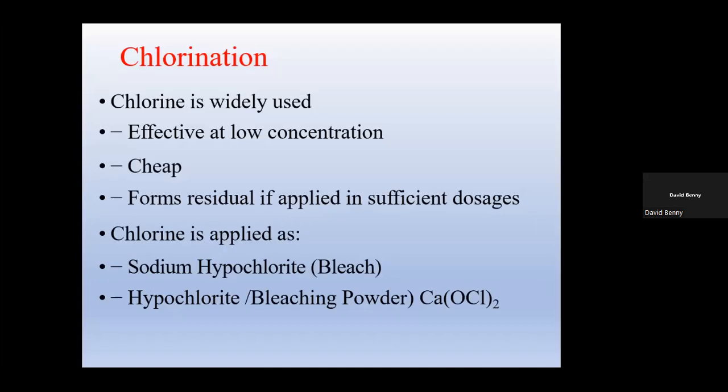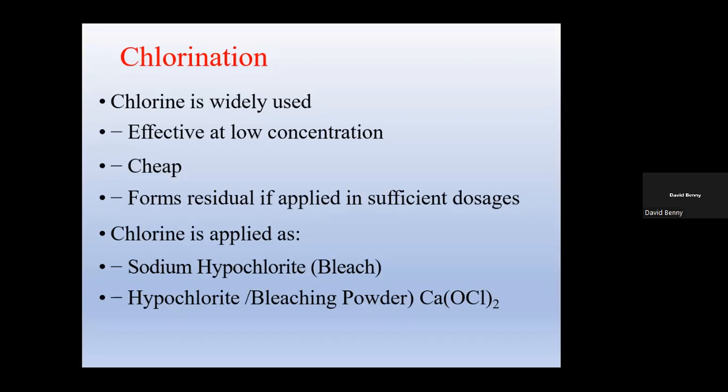So I will focus on two streams of disinfectants that are used today, most commonly in our part of the world: chlorination in its forms and UV radiation. Right? So chlorine, widely used, very effective at a low concentration, it's cheap, relatively.